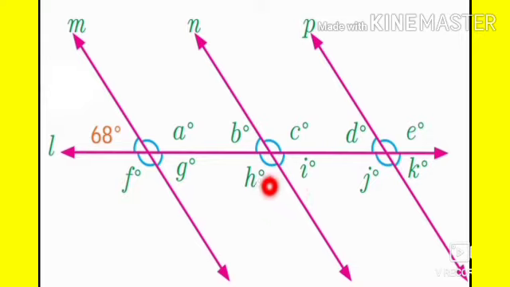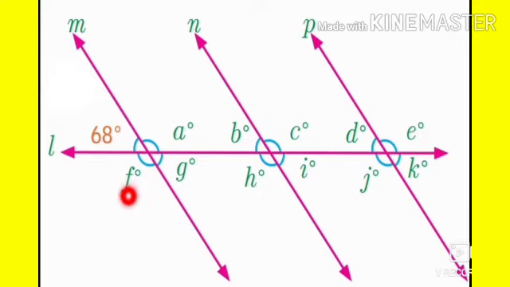And also, by using the fact that vertically opposite angles are of equal measure, F degree and A degree are vertically opposite angles, the vertically opposite angle of H degree is C degree, and the vertically opposite angle of J degree is E degree.